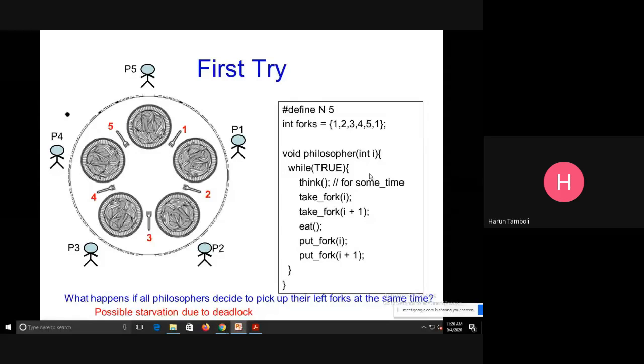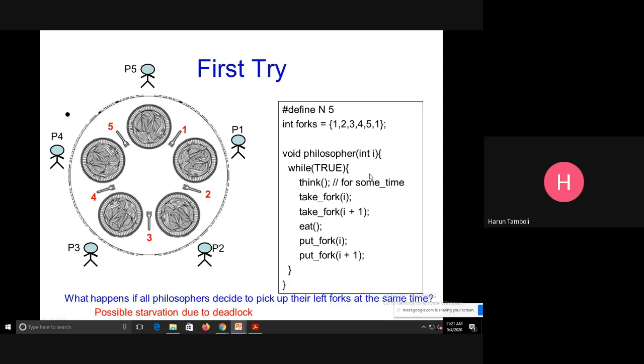I told the condition that P1, P2, P3, P4 and P5 suddenly, at the same time, feel hungry and all try to occupy the chopstick. Then P1 will first occupy the first chopstick, P2 will occupy the second chopstick because it is on the right side, P3 occupies the third chopstick, P4 the fourth and P5 the fifth chopstick. Now when P1 tries to occupy the second chopstick, which is already occupied by P2, P1 will go into the wait. It will wait for the second chopstick.